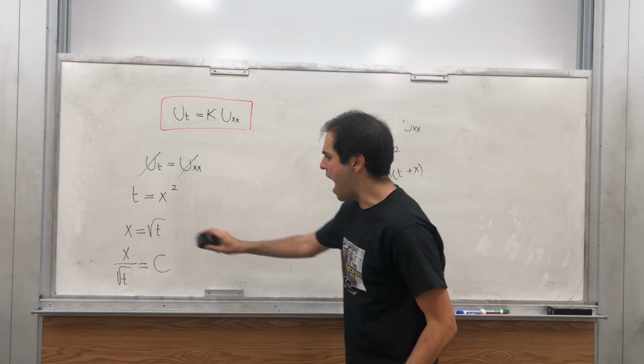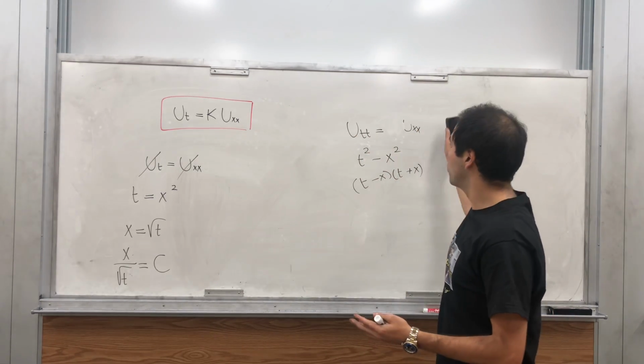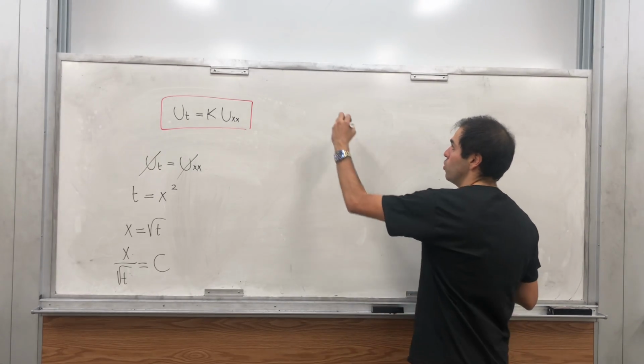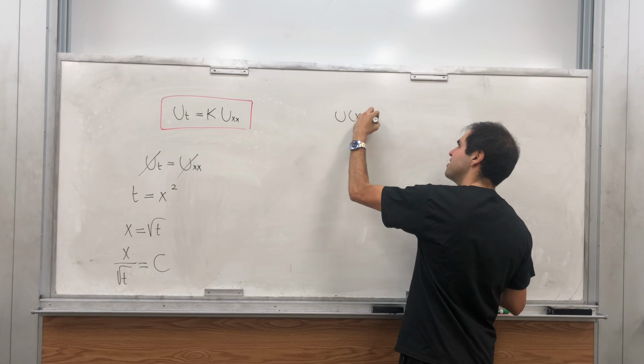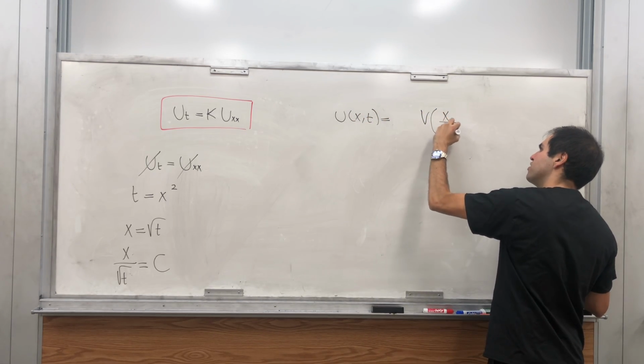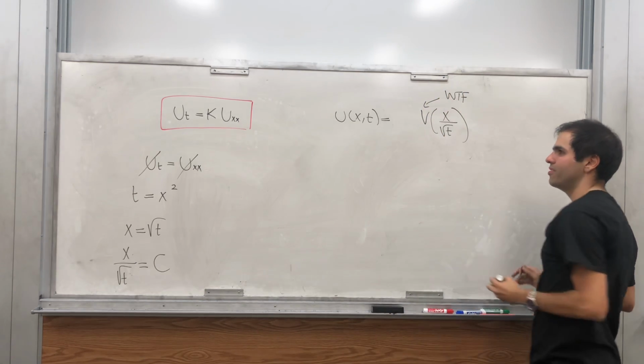Which means somehow the value x over square root of t will come into play. And in fact, that's what we'll do. We'll guess that u(x,t) = v(x/√t), for some v that we want to find.